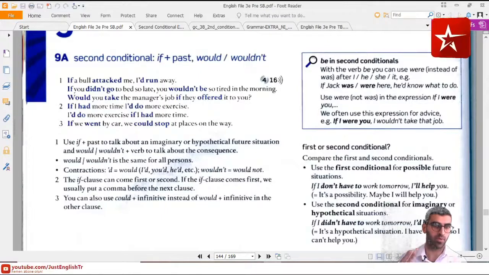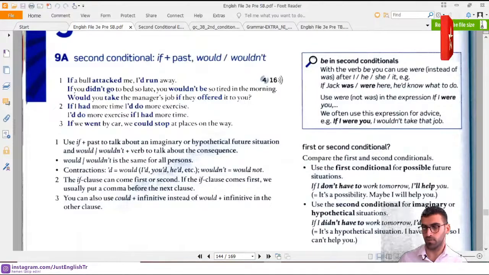In the if clause, we have to use the past simple. We have to use the past simple after if, okay? And then in the main clause, we add would and the verb. Would plus verb. For example, if a bull attacked me, I would run away.